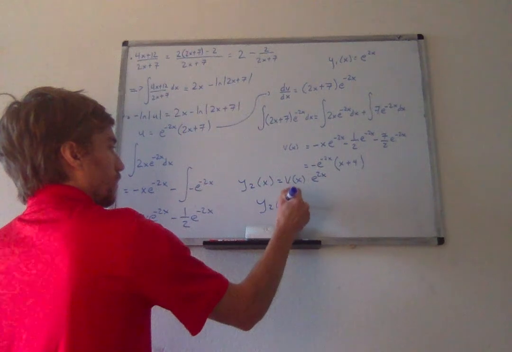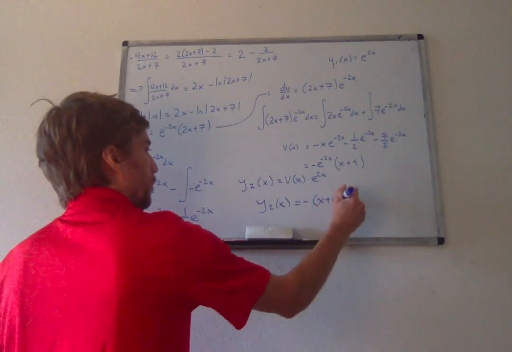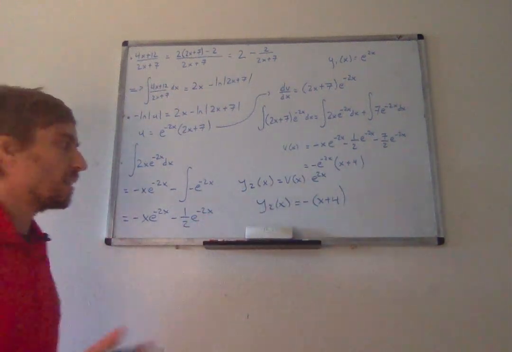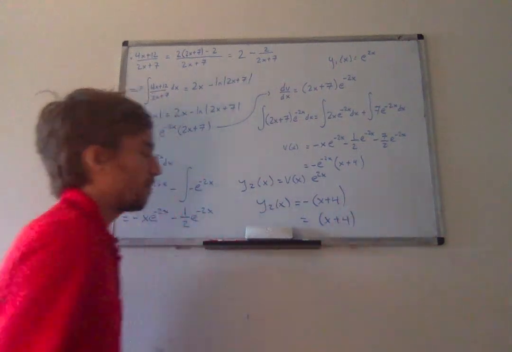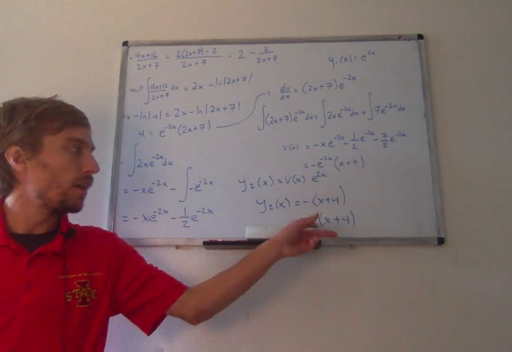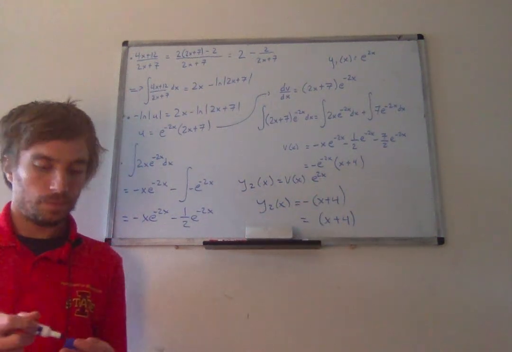And so we get negative x plus 4. But remember, we can take this solution multiplied by any constant, and so I think your book just has it as x plus 4. That is, it's equivalent to multiply it by any constant we want out in front here. And so we can just forget the negative and rewrite x plus 4.